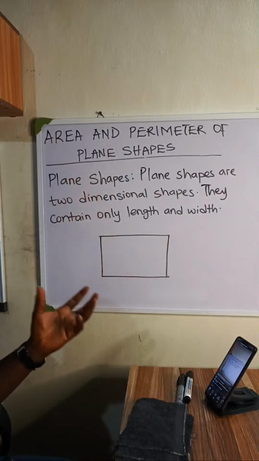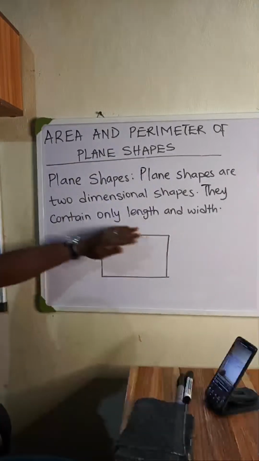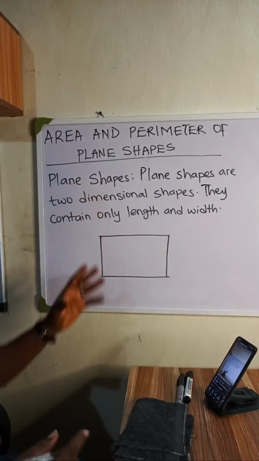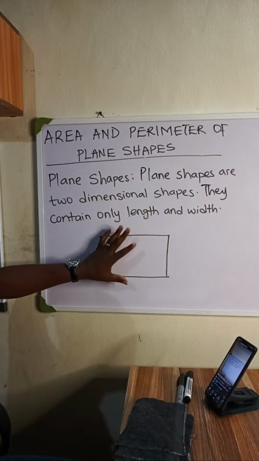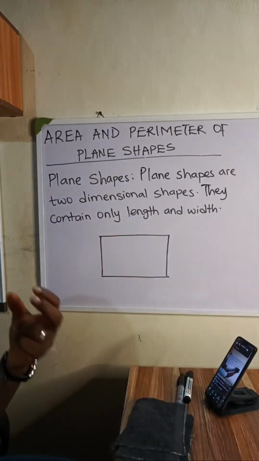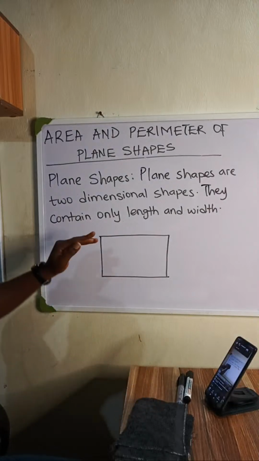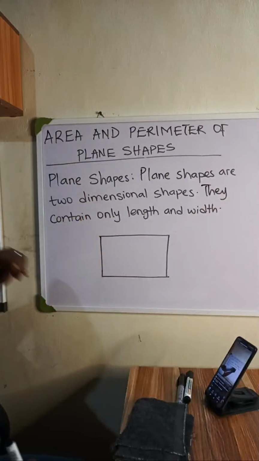These are the only two directions that can be considered in this shape. A combination of these two directions makes up this shape we have here. So plane shapes are composed of two dimensions, the horizontal direction and the vertical direction.